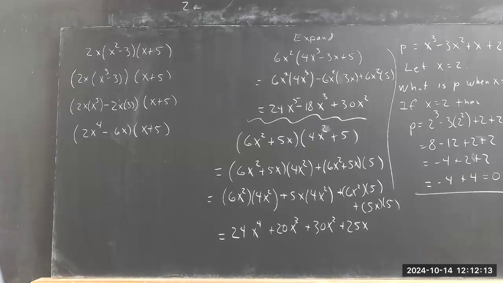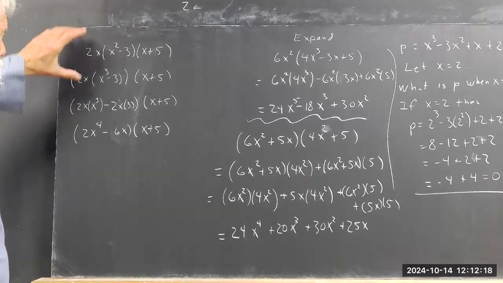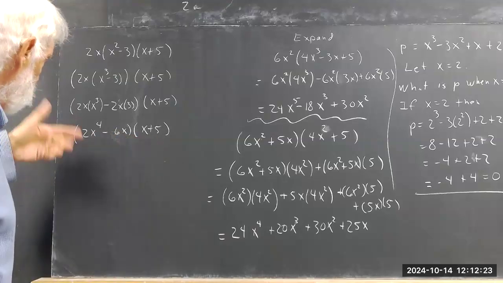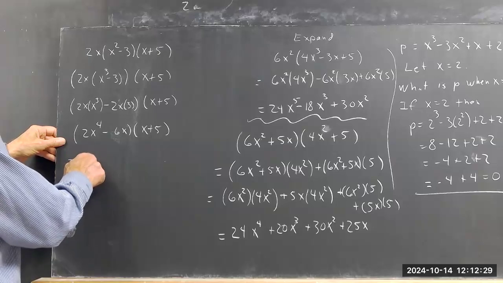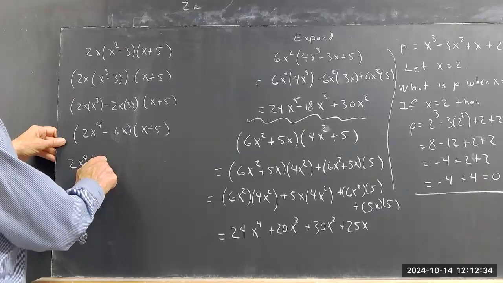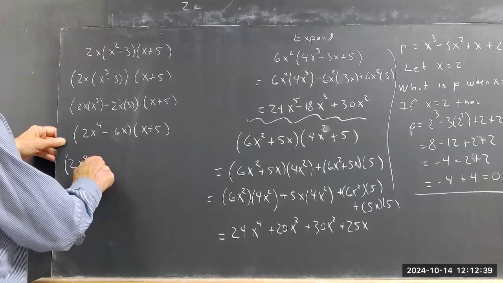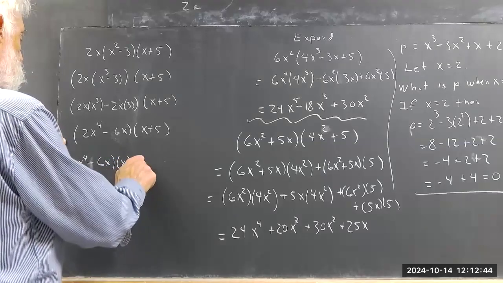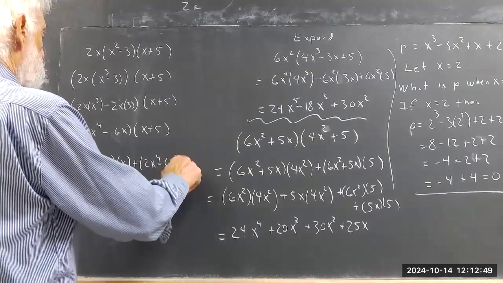Okay, people are doing quite well. Okay, so some people started trying to do too much at once, but once we got that straight, it came out very nicely. So we get down to this step and we see that, actually the way I've done it, 2x to the 4th minus 6x multiplied by x plus 2x to the 4th minus 6x multiplied by 5.